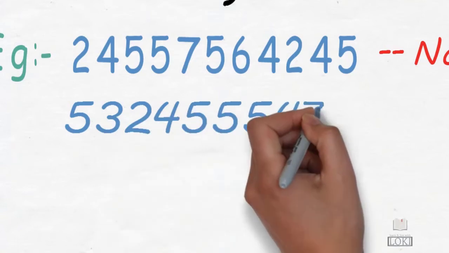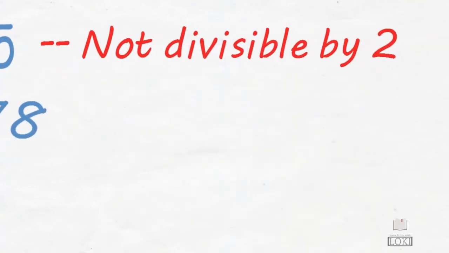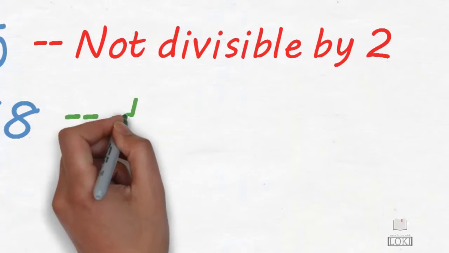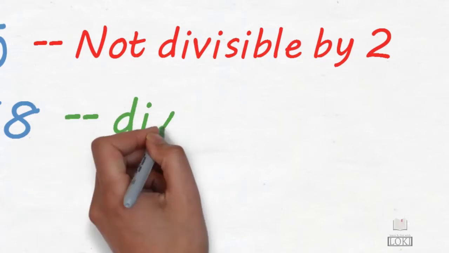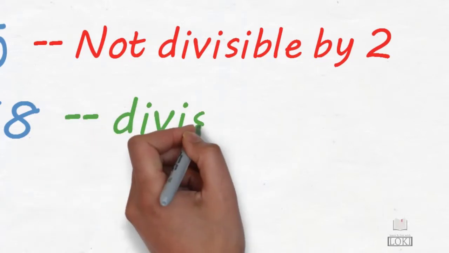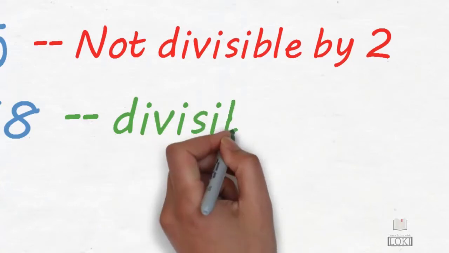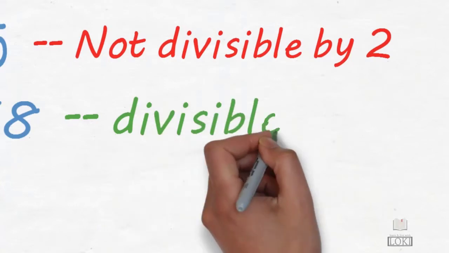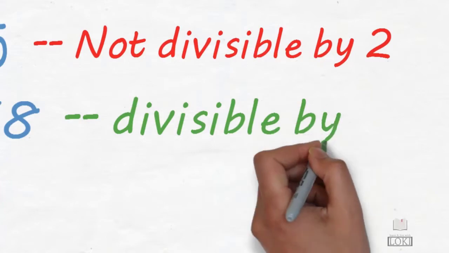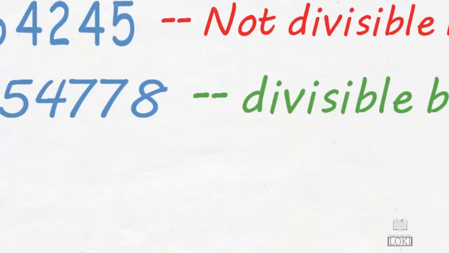The next number here has 8 as its last digit, which is an even number. If a number has an even number in the last digit, it is exactly divisible by 2. So we can conclude that this number is divisible by 2.